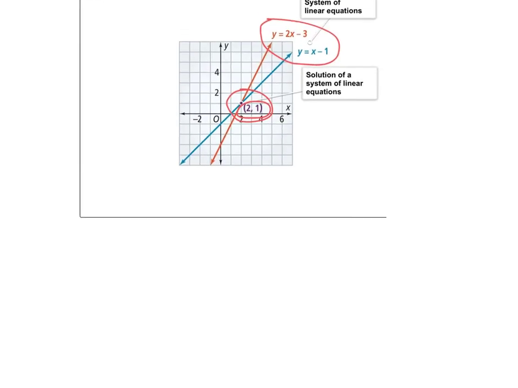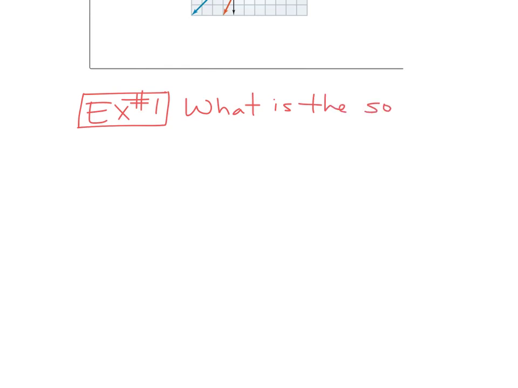Here's what we're going to do. Example number 1. It'll say, what is the solution to the system? And then they will give you two equations. I'm going to color code, so if you're a color coder, you're welcome to color code right along with me.